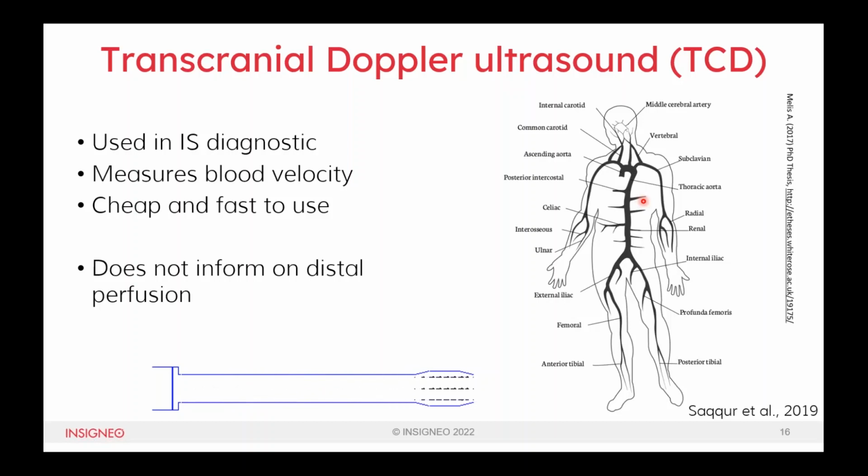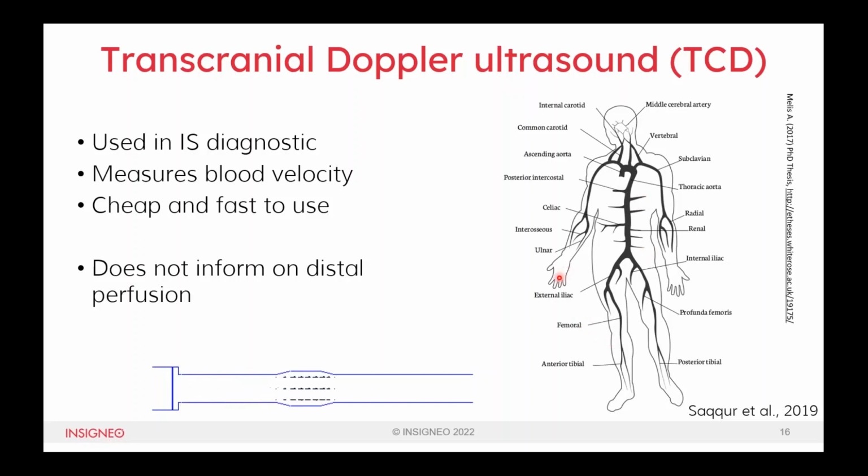So basically, you probe the head of the patient, the device sends some waves in, the waves are reflected by the red cells flowing inside of the arteries, come back, you measure the frequency shift, and estimate the velocity.